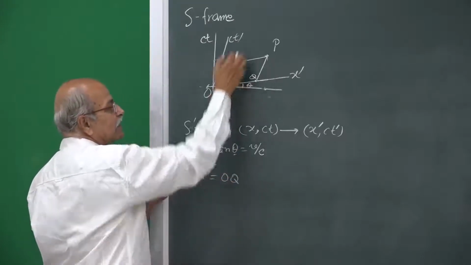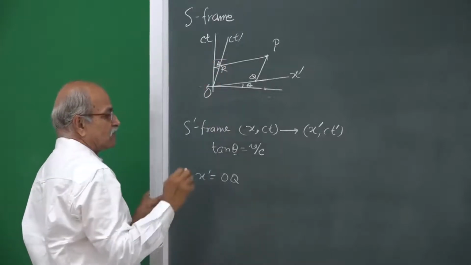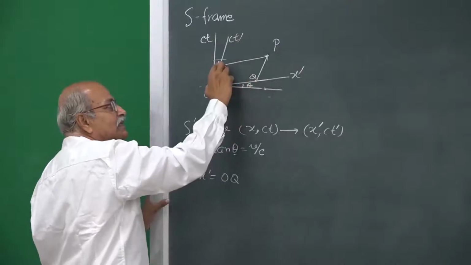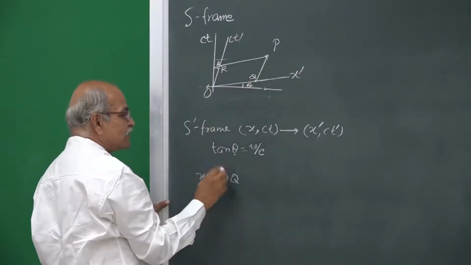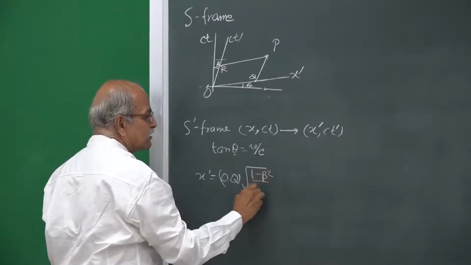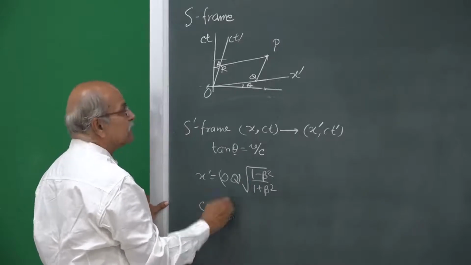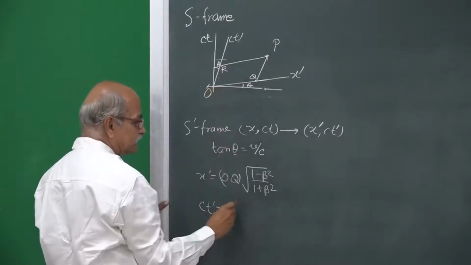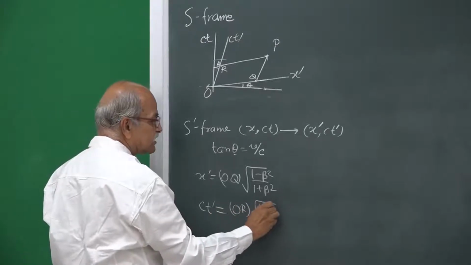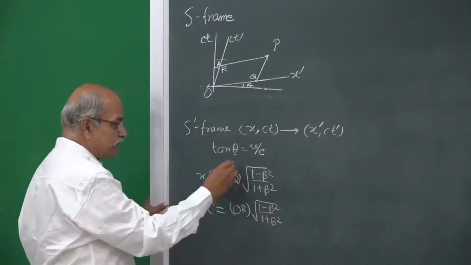Normally I would say these are my axes, so this is x prime and this is CT prime, but the actual x prime is this multiplied by the square root of (1 minus beta squared) by (1 plus beta squared), and CT prime is equal to this OR multiplied by the same factor, the square root of (1 minus beta squared) by (1 plus beta squared). And what is beta? This is beta.